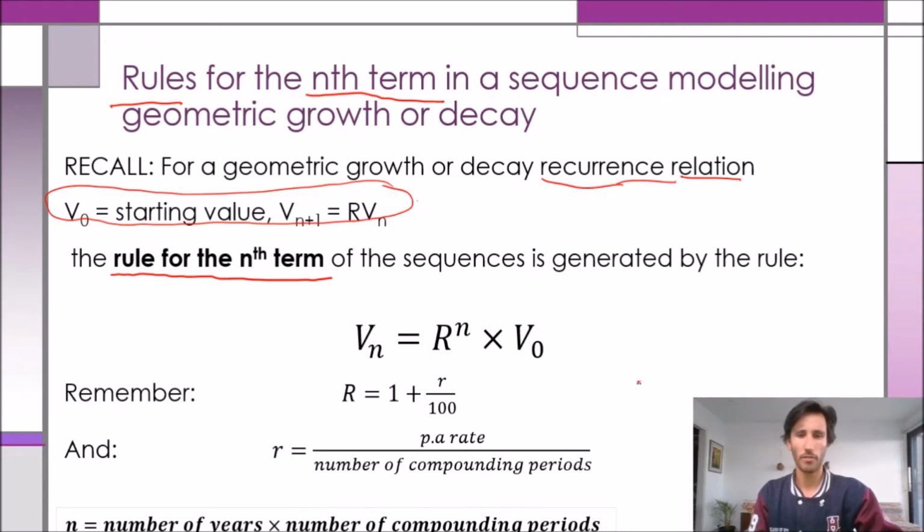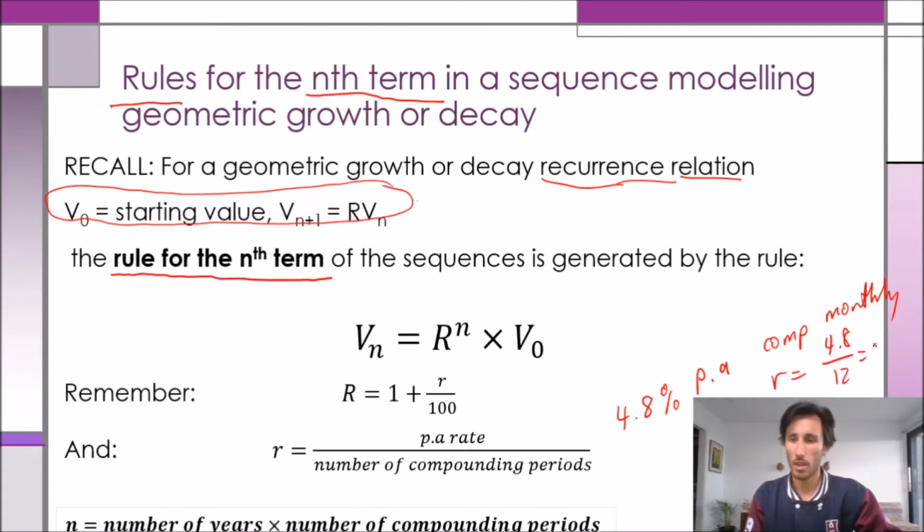We were looking at, for example, if we had a 4.8% interest rate per annum, and we had it compounded monthly, then our r is equal to 4.8 divided by 12, which is 0.4. So we've got to remember, number of compounding periods is important for determining little r.